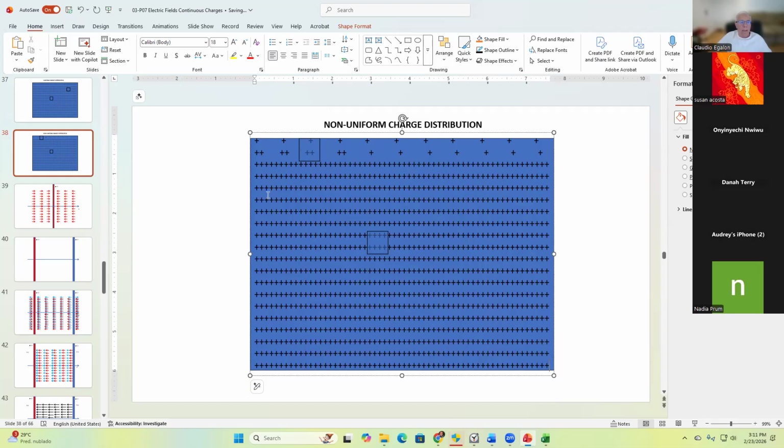So if I want to make this non-uniform charge distribution symmetric, all I have to do is copy the top of the charge distribution and paste it at the bottom. Copy this other one. Let me finish this one.